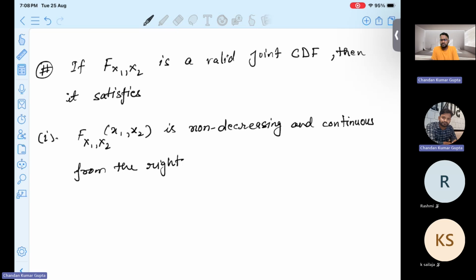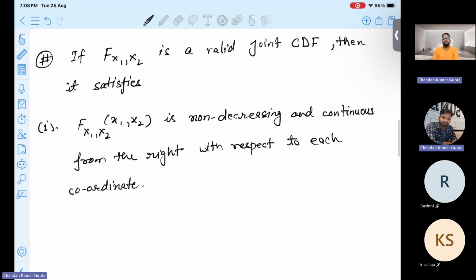So this two-dimensional function is continuous from the right and non-decreasing in nature with respect to each coordinate, because it has two coordinates, that is, two variables x and y.